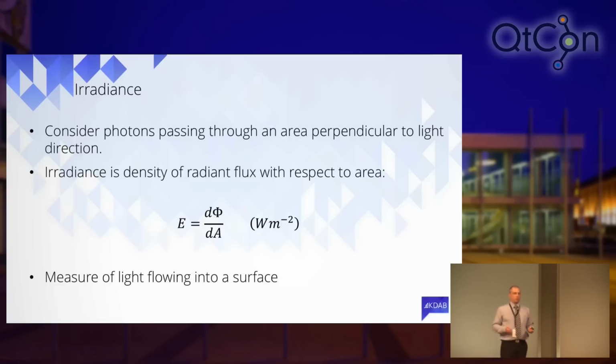This is what we think about when we have light shining onto a surface. So it's a measure of the flow of light onto a surface, so it's going to be something quite important to us. Just to give you a concept of scale, the sun shining brightly on a nice hot summer's day, if you measure a square meter on the Earth's surface, we have about 1,000 watts hitting that square meter. The sun is actually pretty bright, even at this distance.